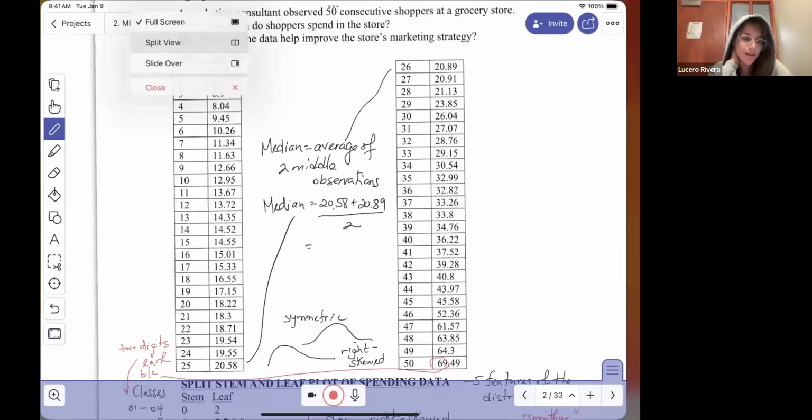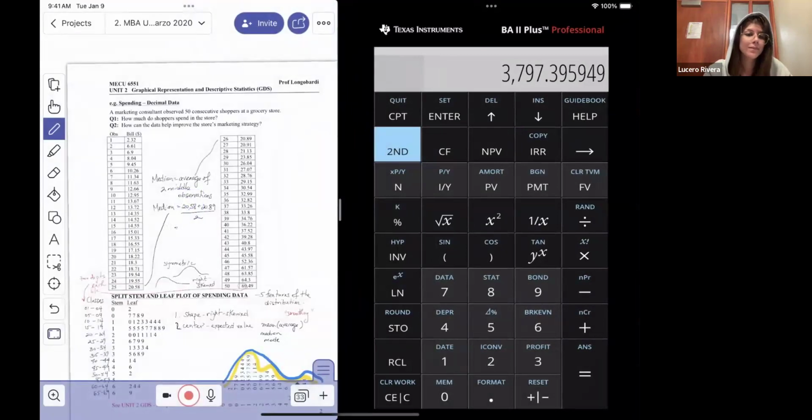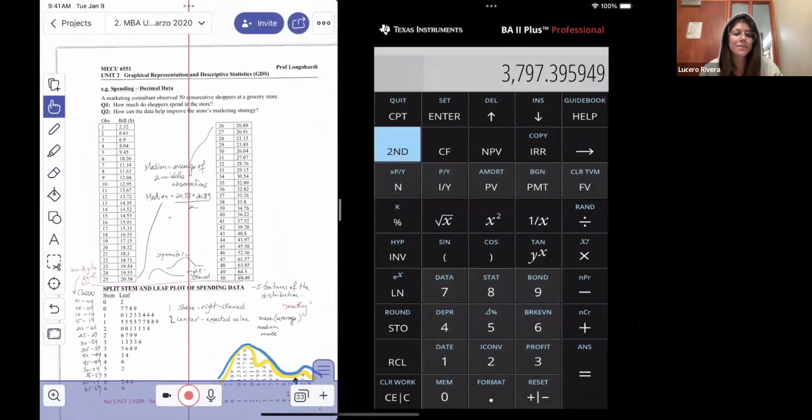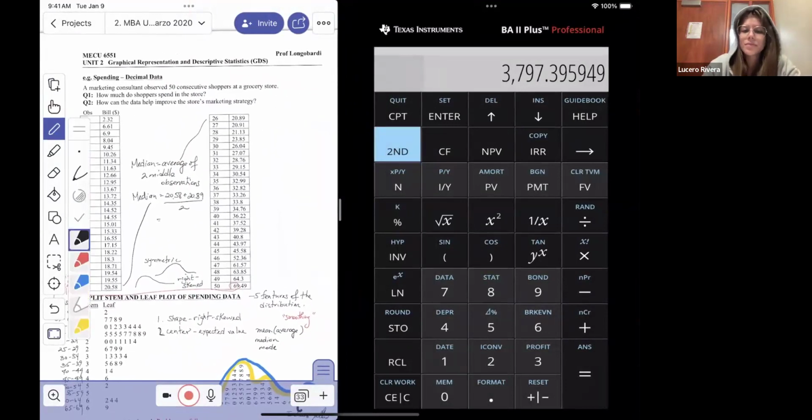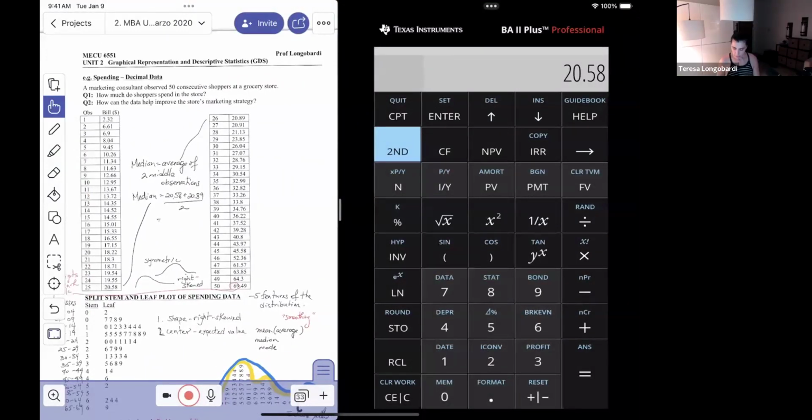My rule in this class, most of the time, to get the same numbers as me is to keep 2 more decimals than the data that you used.